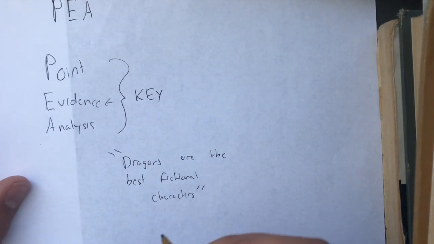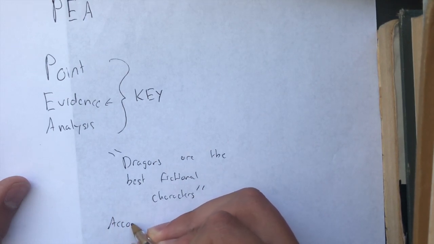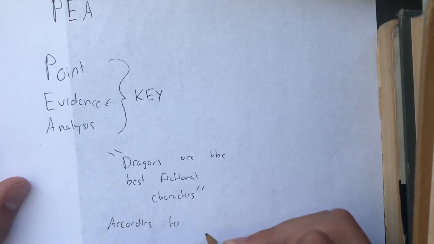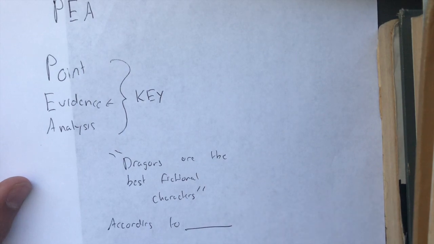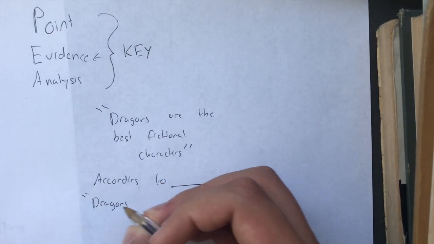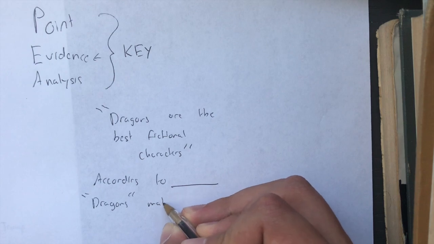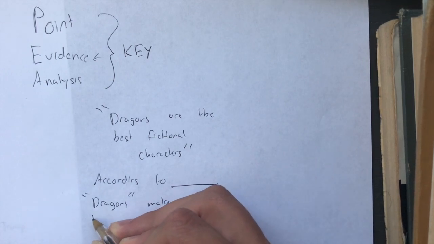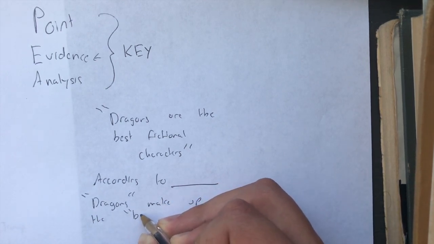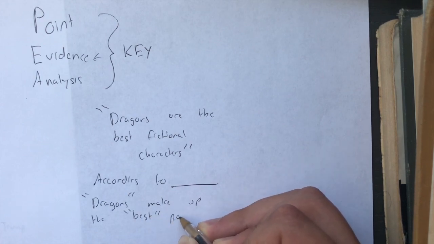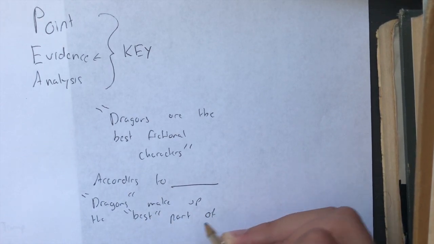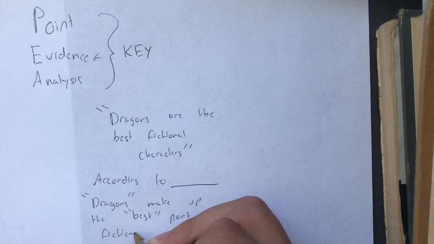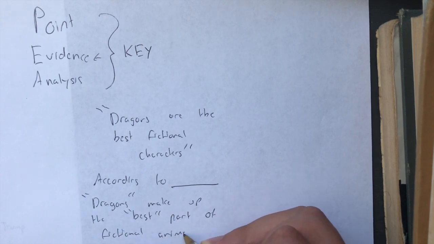So you would say, according to blank, that's where you put the author name, dragons make up the best part of fictional animals.